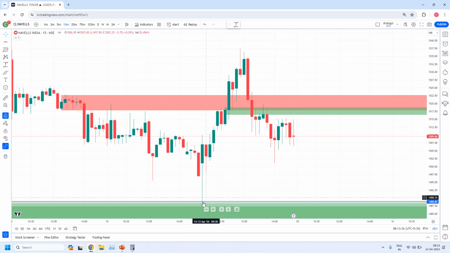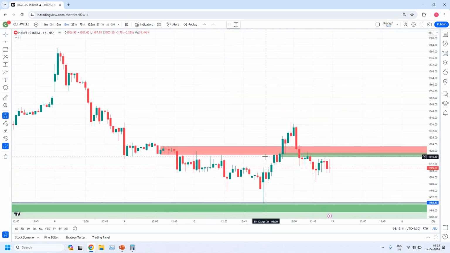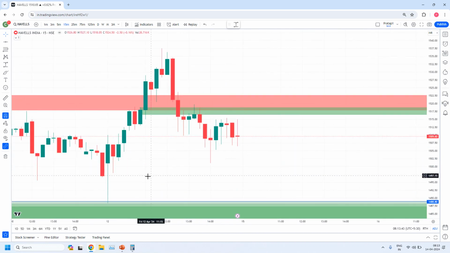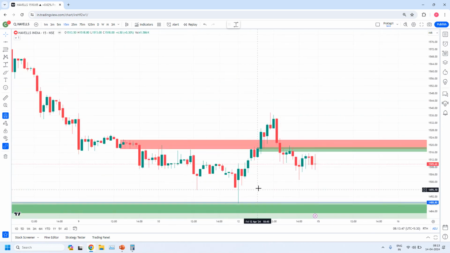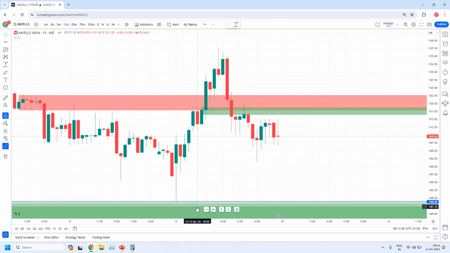In case you did not use entry buffer, you would not have got an entry in this particular stock. You would have missed the trade. Those people who did not use entry buffer, who want to trade only when prices enter into this zone, would have missed this trade. It's a very good trade. Gave very good profit.